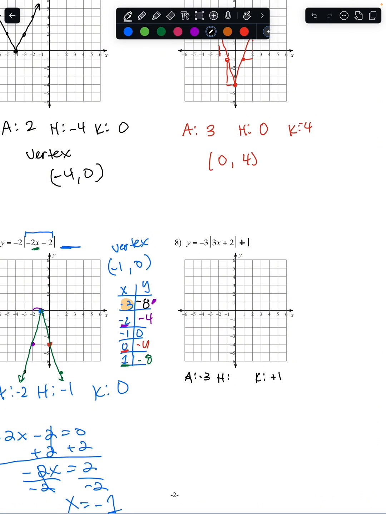So 3x plus 2 equals 0, minus 2 minus 2. 3x equals negative 2, divided by 3. X equals negative 2/3.